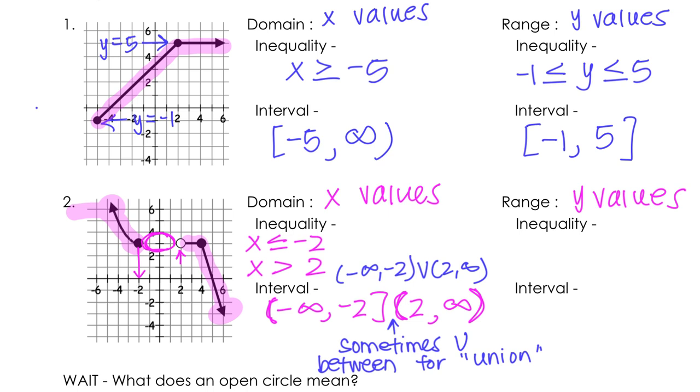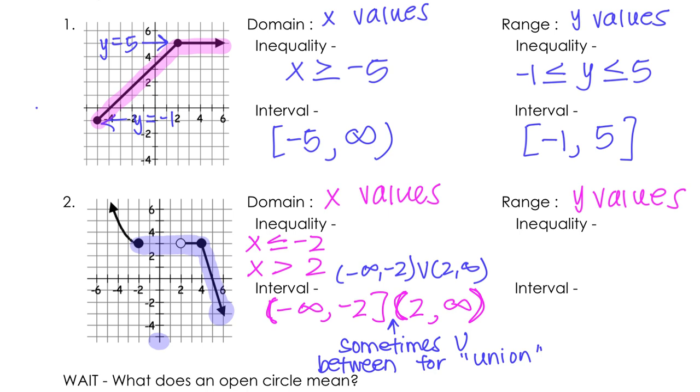All right, now we're going to do the range. So for the range, we're going from the bottom to the top. So starting from the bottom down here, the first thing I see is this arrow. It's going down to what? Negative infinity. Okay, it goes up, up, up, and it stalls. Goes sideways. But this break that was here, this big hole, that hole was in the x values from left to right. Do you see how there's not a break in the y values, like up and down?